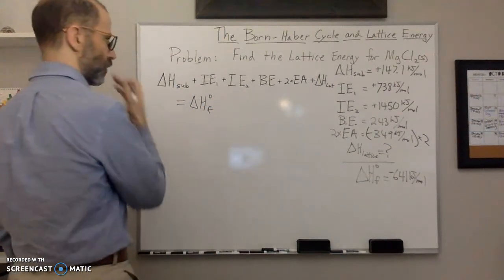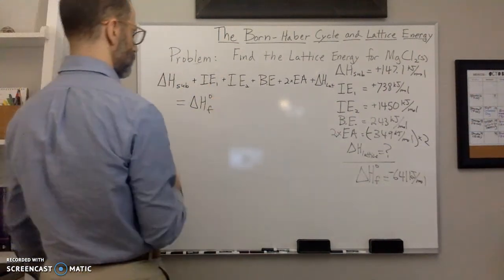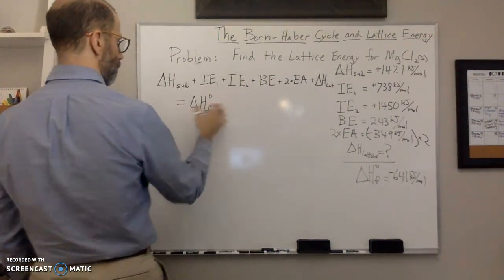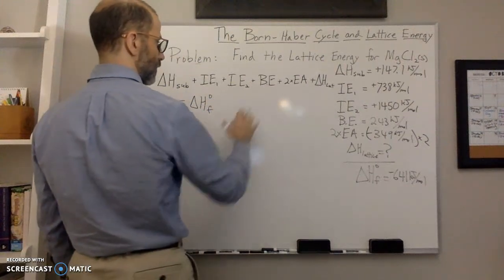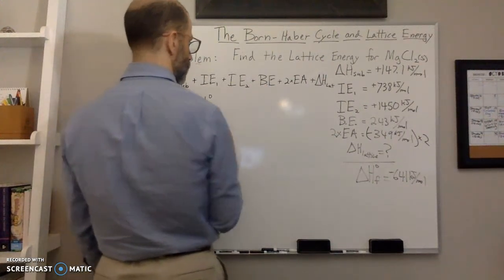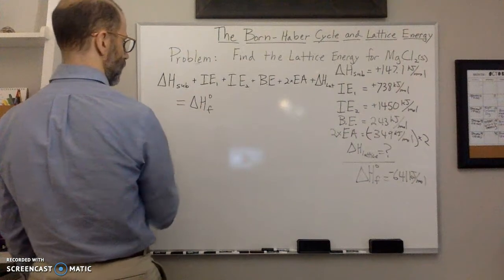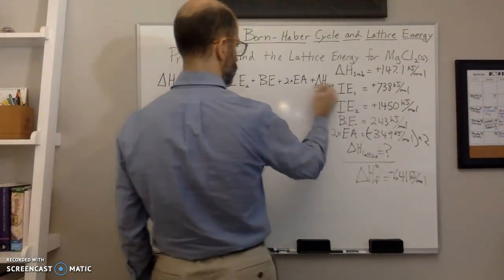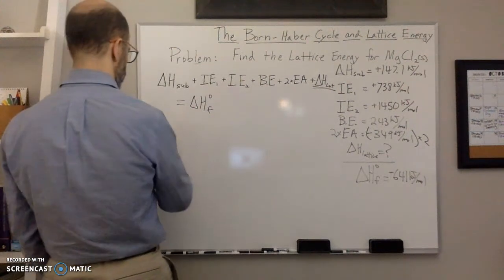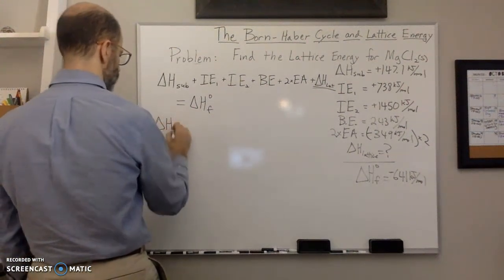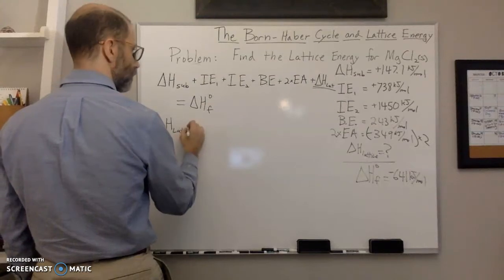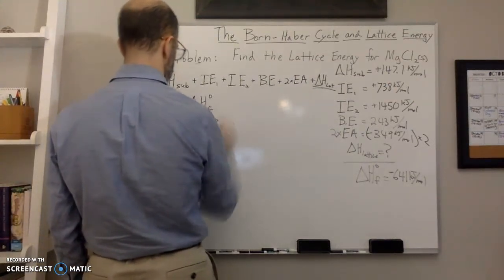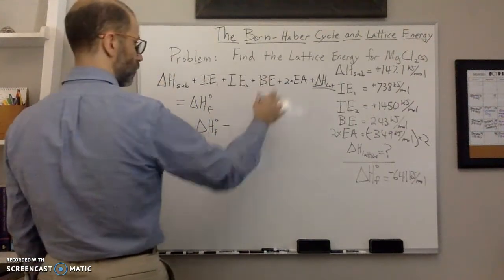So now all I need to do is plug in all these values, and then solve for the missing part. Everything I have is given. So if I rearrange this, here's my lattice energy. Delta H of the lattice energy is going to be equal to delta H standard formation minus the rest of them.